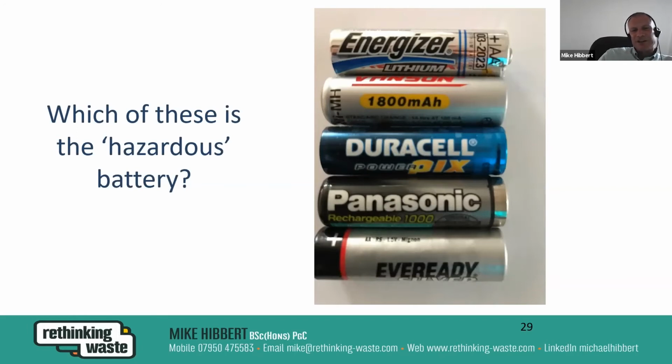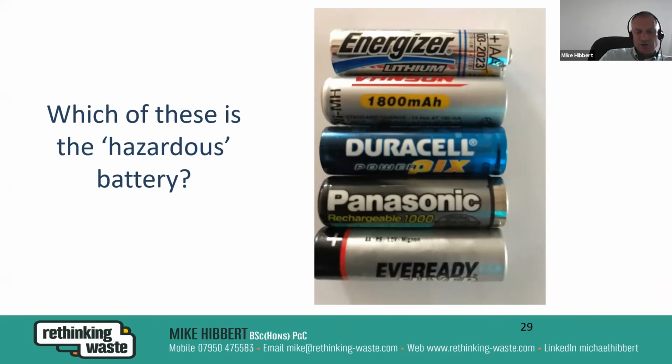Good examples of that are batteries. If you look at all of these, how do you pick out the one that is hazardous? If you've got a mix of different batteries, then the whole load might actually be counted as hazardous unless you can separate them out. And the list is rather old. It was generated in 2005.